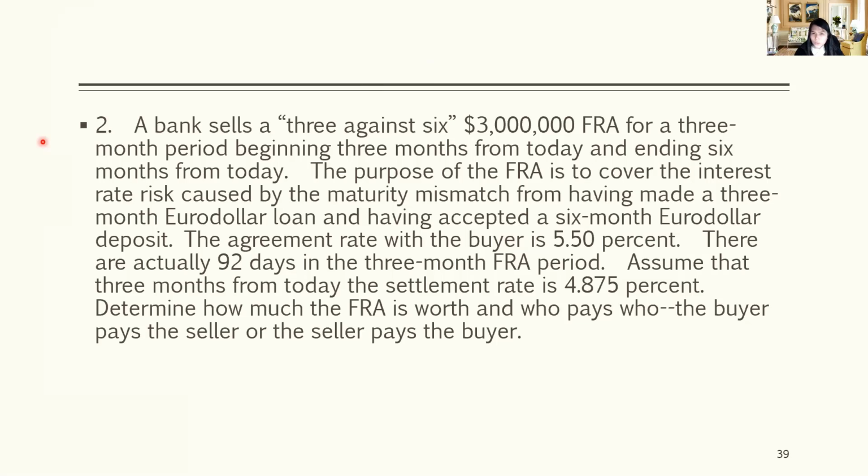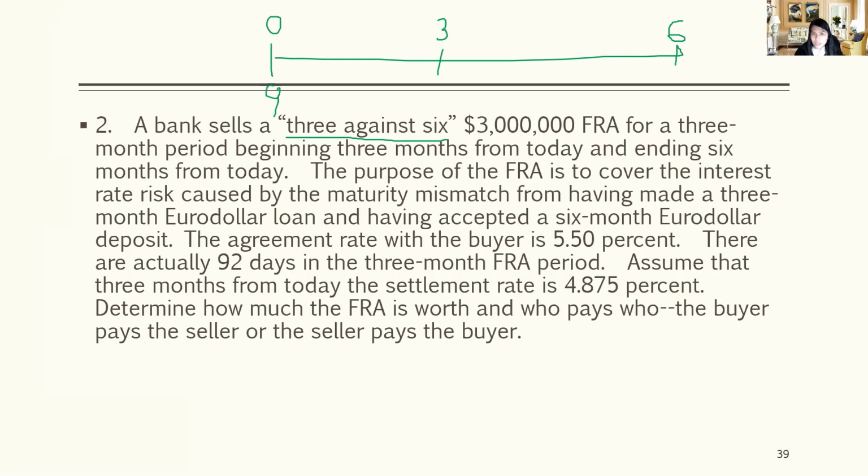So in question 2, we are looking at how a FRA, or forward rate agreement, works. In this case, we've got a bank that sells a 3 against 6 FRA for $3 million. When you see the words 3 against 6, that means the FRA is for a period of 3 to 6 months, okay?